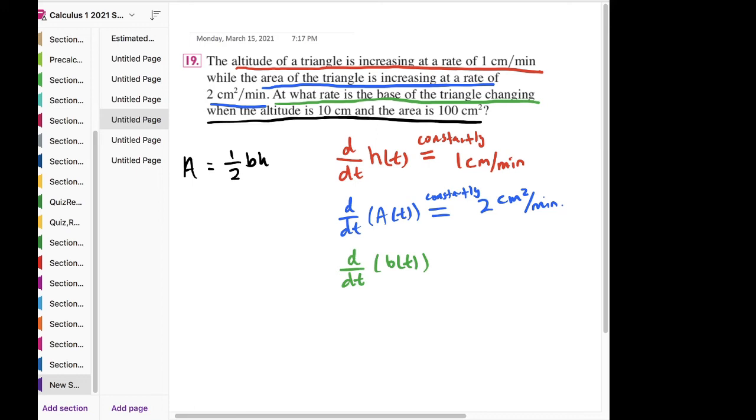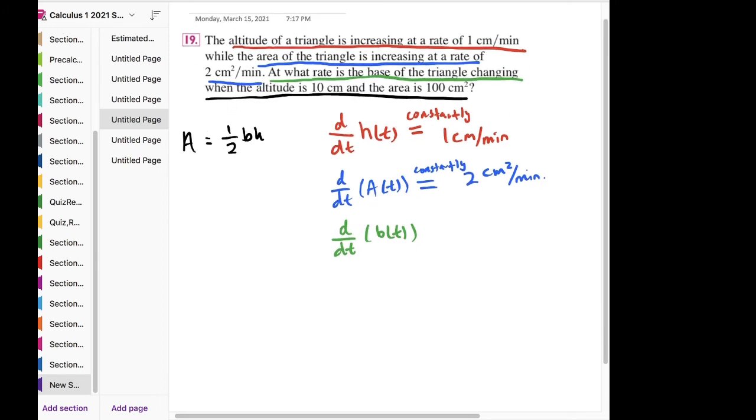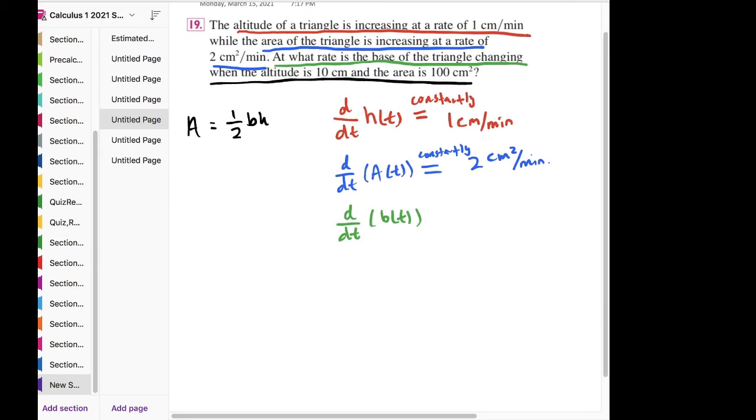That's what we're going to try to find out. The thing is, the altitude is 10 centimeters and the area is 100 centimeters squared, which might suggest it may not just be a fixed rate. Okay, so what do we have to do?